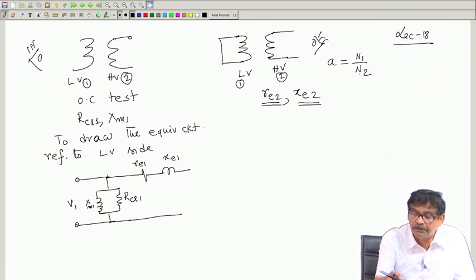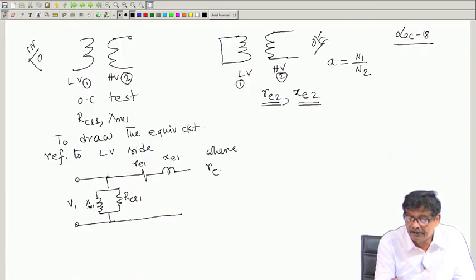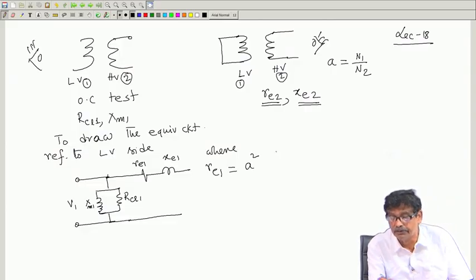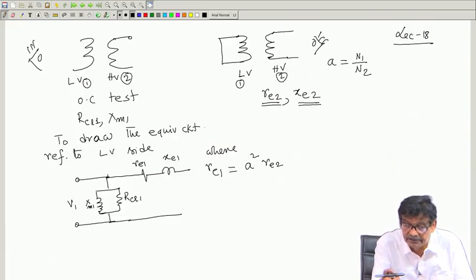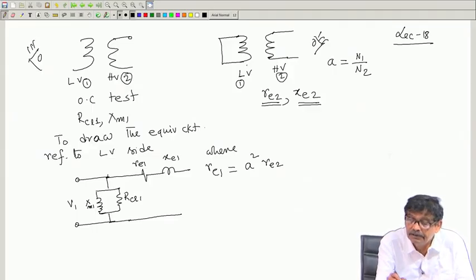RE2 with respect to side 2 is known. Therefore RE1 should be equal to A square into RE2, where A is the turns ratio N1 by N2, and XE1 is equal to A square into XE2.